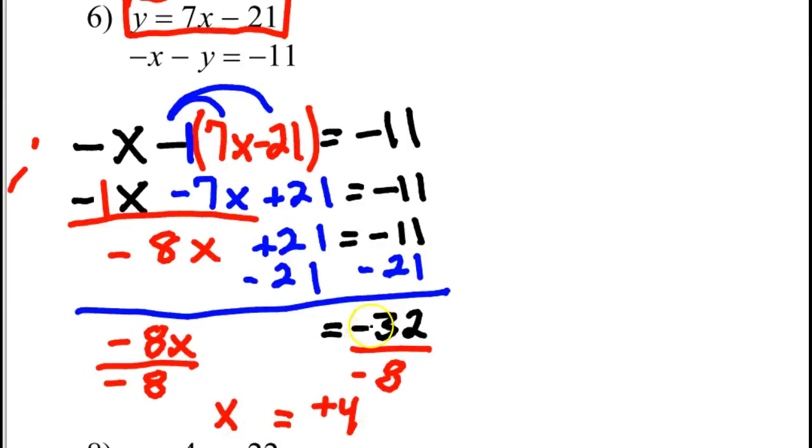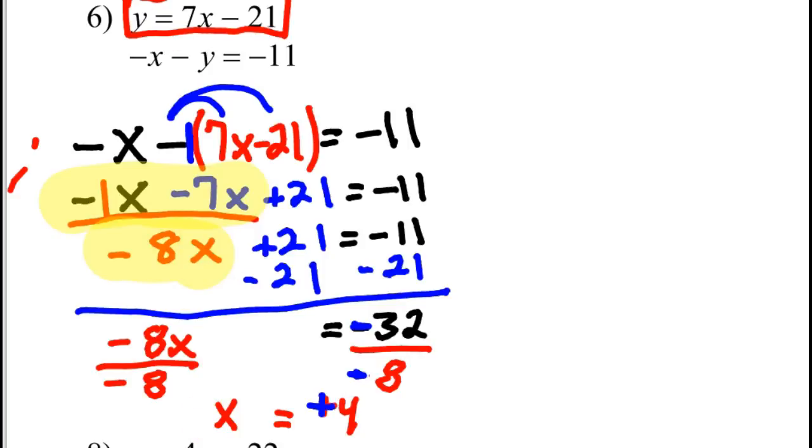Again, negative over negative does equal positive. When you're multiplying and dividing, notice that this negative and this negative still equals negative 8. That's subtraction. It's kind of like if you owe $1, you owe 7 more dollars. Altogether, you owe 8. Stays negative.